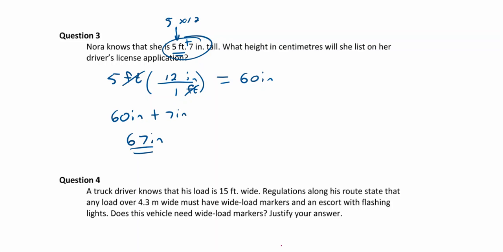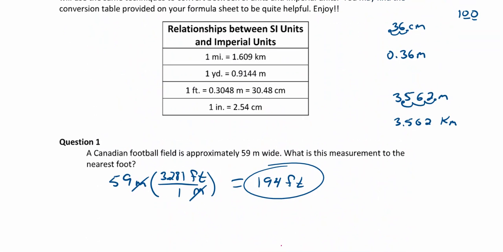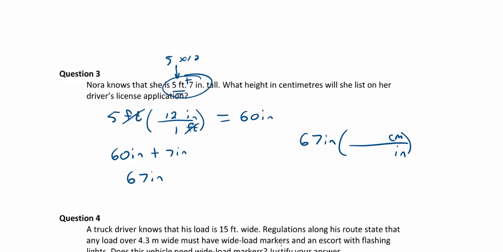So now we just want to figure out how many centimeters that 67 inches is. So we'll say 67 inches. We'll multiply it by some factor. I'm going to put inches on the bottom, and I'm going to put centimeters on the top. So now I just got to make sure that I get this right. So back to my formula sheet. There are 2.54 centimeters in 1 inch.